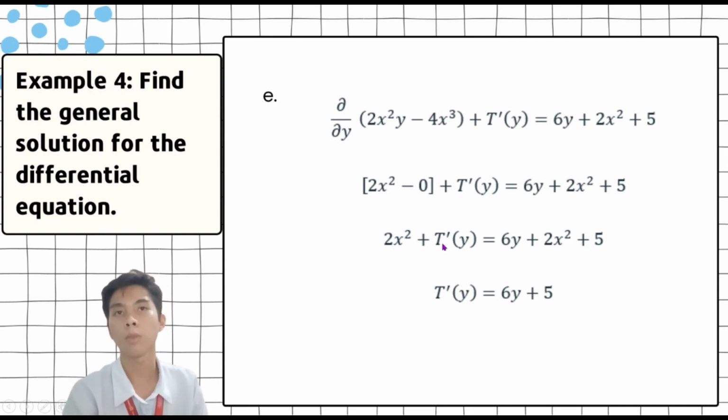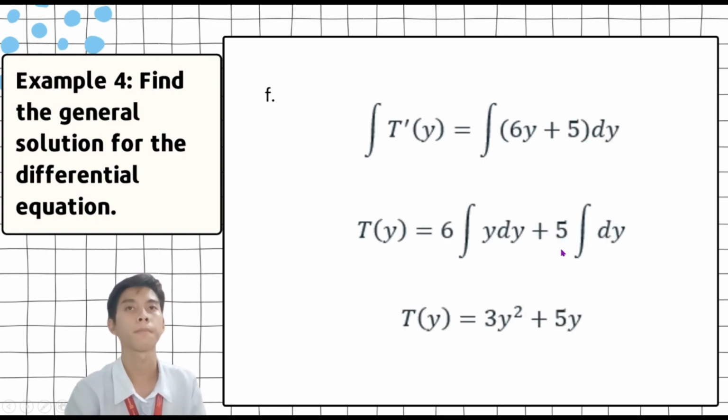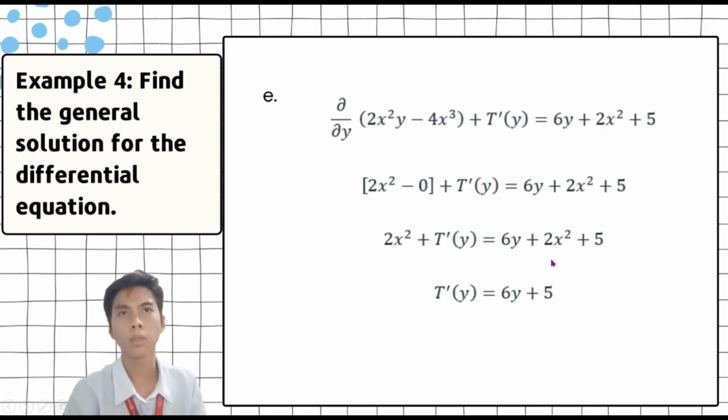So we have here 2x squared plus t prime of y equals 6y plus 2x squared plus 5. We can now subtract 2x squared from both sides, which gives t prime of y equals 6y plus 5. Now to find the value of t of y, we simply integrate both sides.